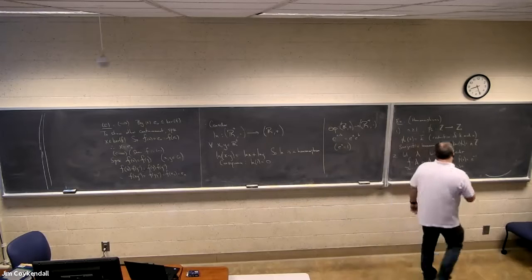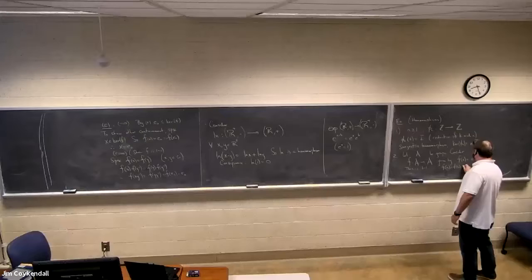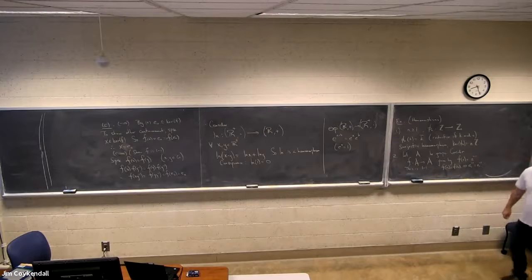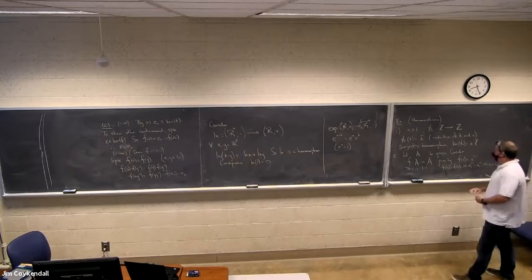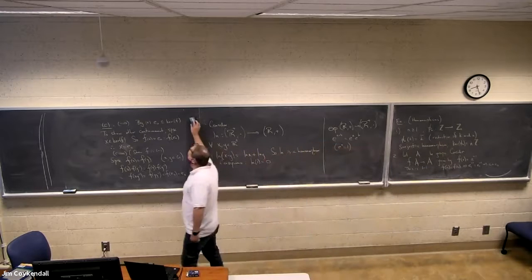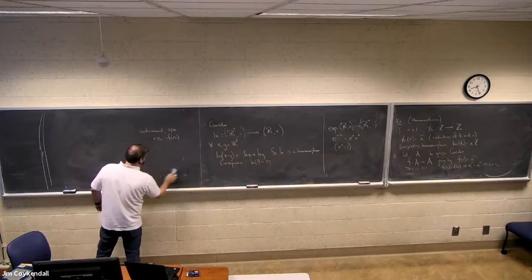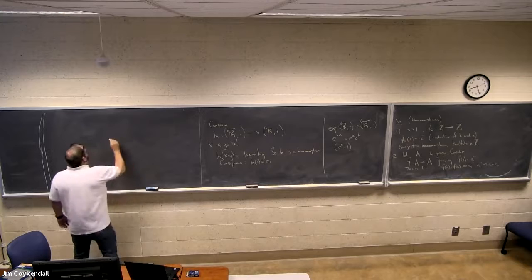This is 1-to-1 because if f of a1 equals f of a2, then a1 inverse equals a2 inverse. And by uniqueness of inverses, as we discussed last time, this implies a1 equals a2. So certainly, this is 1-to-1. It's also onto. You need somebody to explain what it's onto?